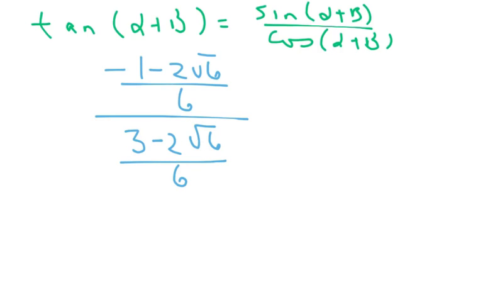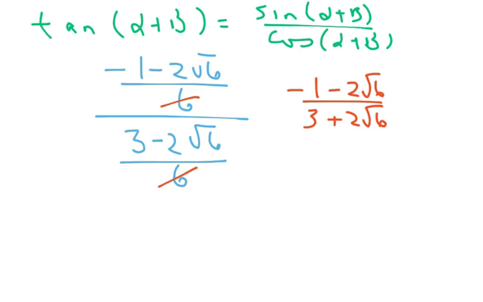So what we're going to do here is cancel out the 6, and we have negative 1 minus 2 root 6 over 3 plus 2 root 6. And to get out the radical, we're going to rationalize the denominator by multiplying by the conjugate, which is 3 minus 2 root 6.